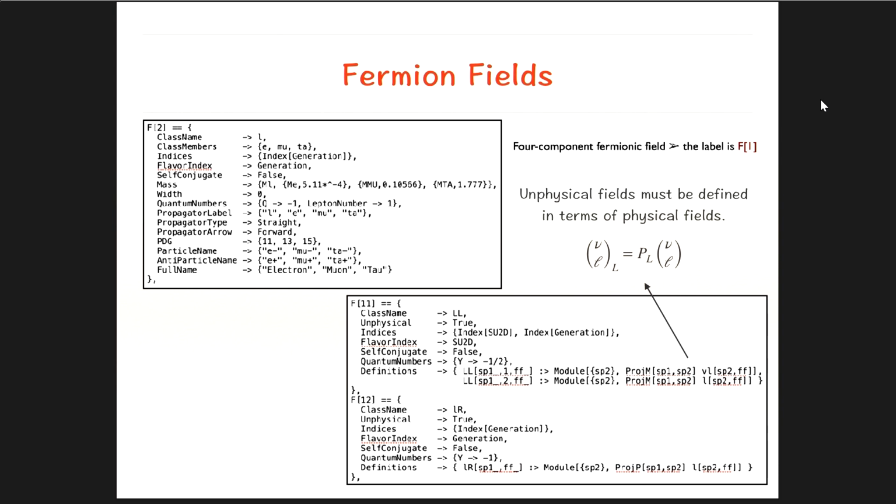There are propagator labels that you can set, the propagator type, the usual way that we draw the Feynman graphs associated with fermions, straight with an arrow forward, and these are the standard PDG codes for electron, muon and tau. Then there are the particle names that you assign, and the corresponding antiparticles and the full name. So, this completes the definition of L.